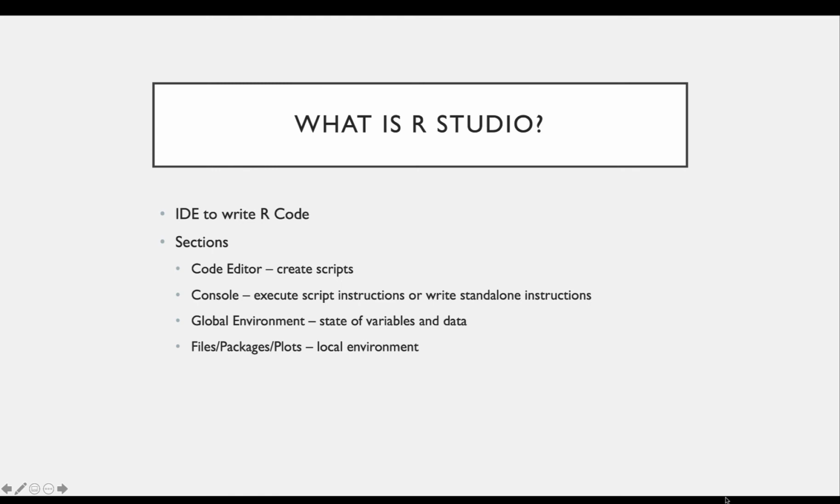And so the base R environment is fairly simple and straightforward. And what RStudio does is it takes a couple of features and makes this R environment richer and allows us at a glance to see different aspects of our process as we are writing and executing our code.